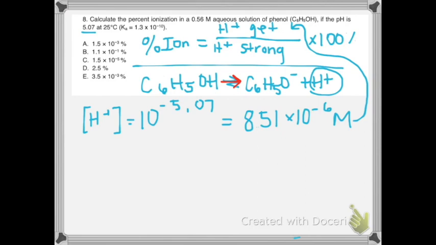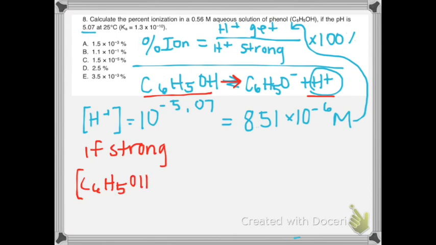But in that world, we would have a 1-to-1 ratio between our phenol and our protons. And so in our strong world, our concentration of the phenol would be equal to our concentration of protons. So our denominator concentration would just be that 0.56 molar.